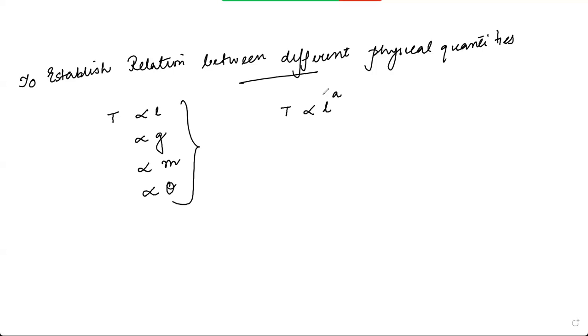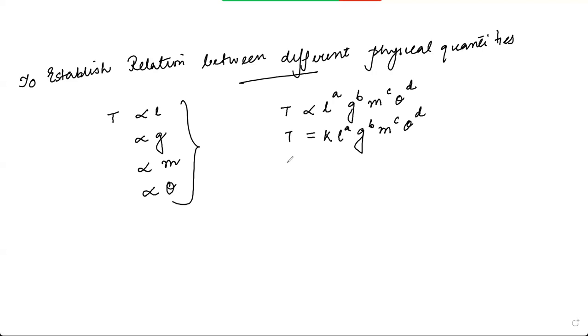So first we write that T is proportional to L to the power A, G to the power B, M to the power C, and theta to the power D. Now let us put this constant K: T equals K L to the power A, G to the power B, M to the power C, and theta to the power D.